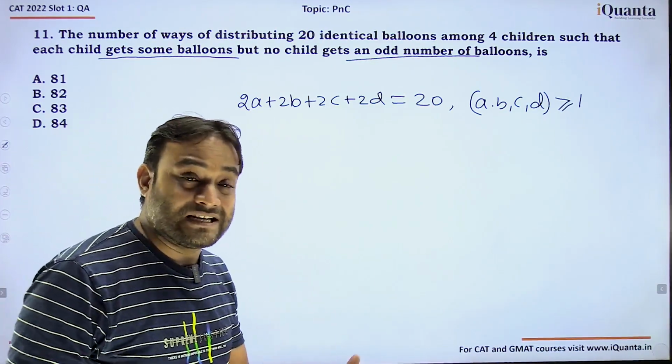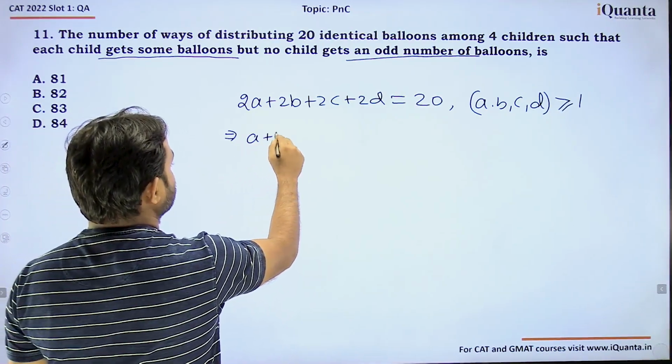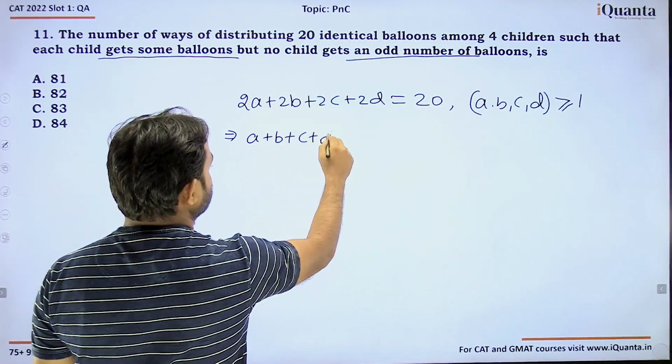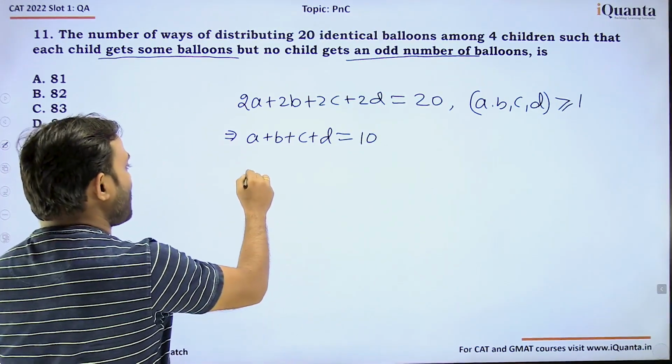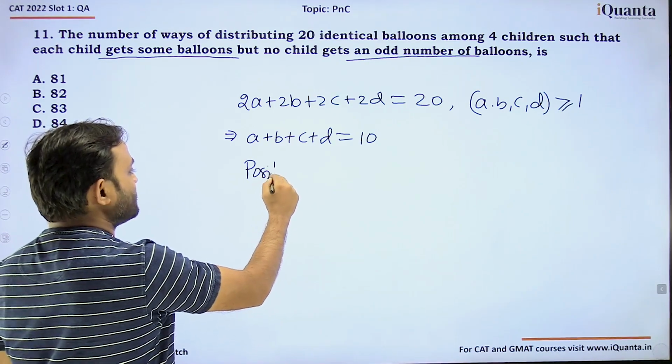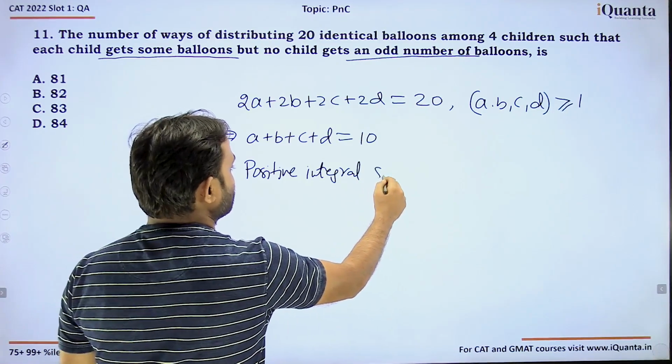So they are getting at least one balloon. So from here we can say A plus B plus C plus D is equal to 10. Now what do we need to find? We need to find positive integral solutions here.